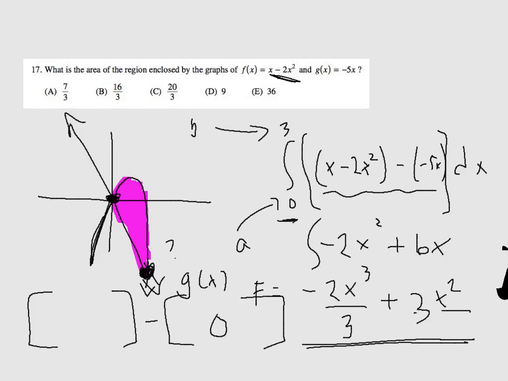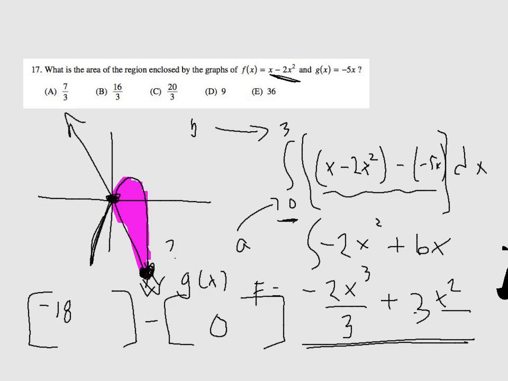When I plug in 3, I need to do that evaluation out. I can't leave it because we have a multiple choice problem. So 3 cubed is 27. 27 divided by 3 is 9. 9 times negative 2 is negative 18.